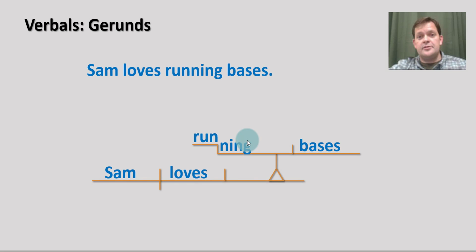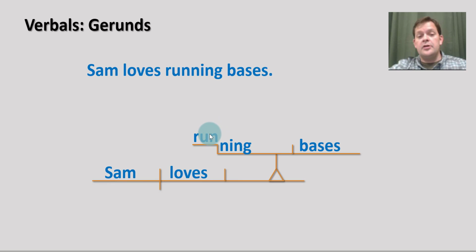Let's look at a sentence. Sam loves running bases. Well, the verb is loves, right? Sam is the subject, we understand that. But the idea here is not that Sam loves bases or that Sam loves running. It is this particular and specific kind of running that he loves.